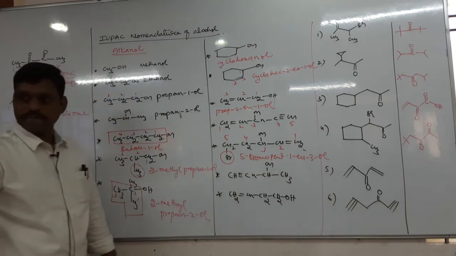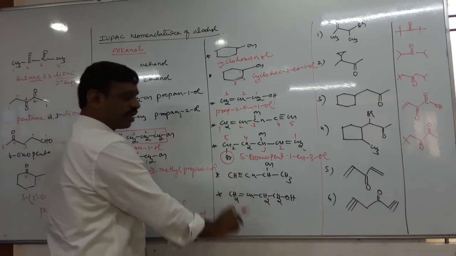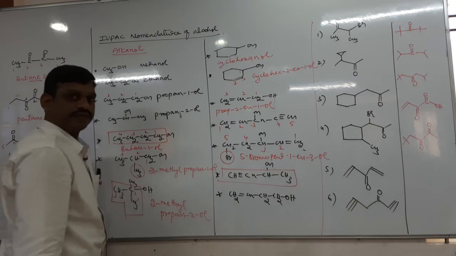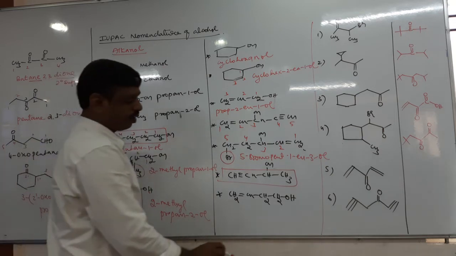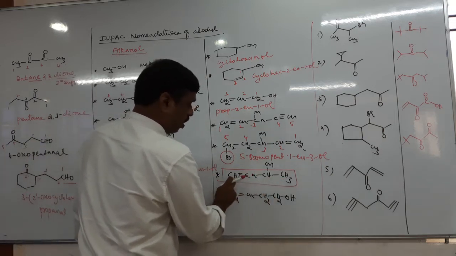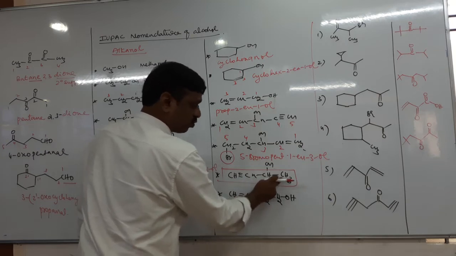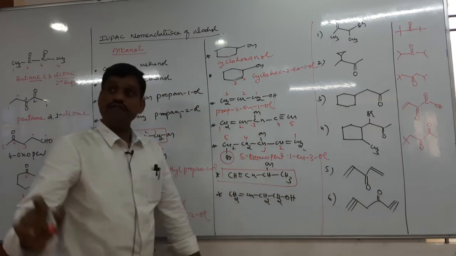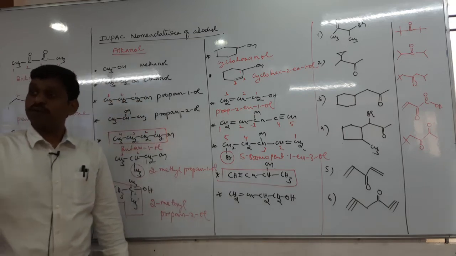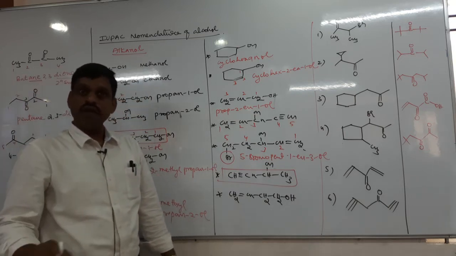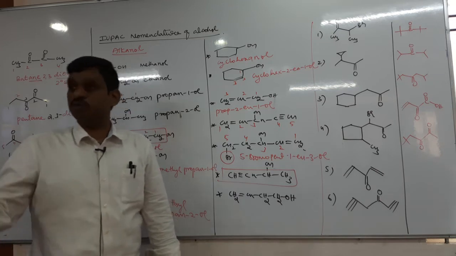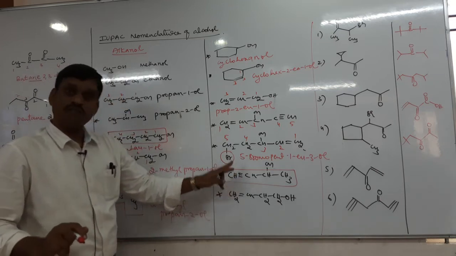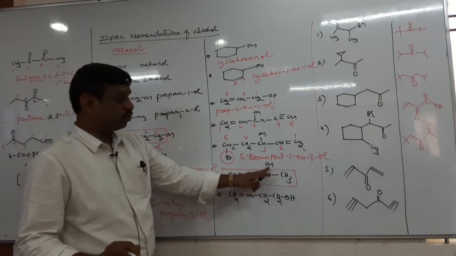Okay. Next. So numbering must be right to left or left to right? Right to left, because 1, 2. So you need not bother about the double and triple bond. If a higher priority functional group is present on the parent chain, you need not bother about the least priority groups. Let the double bond be here, triple bond at first position, but we need to see this.